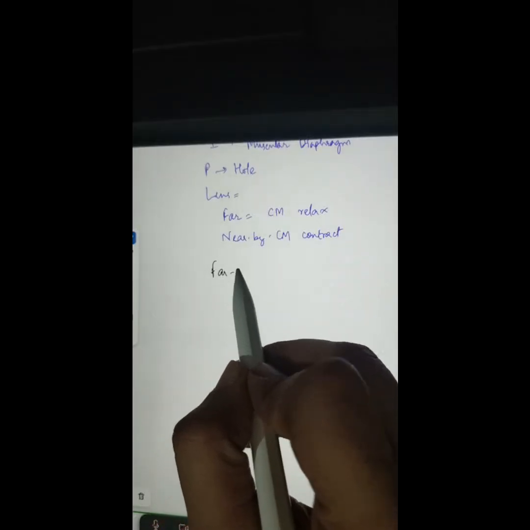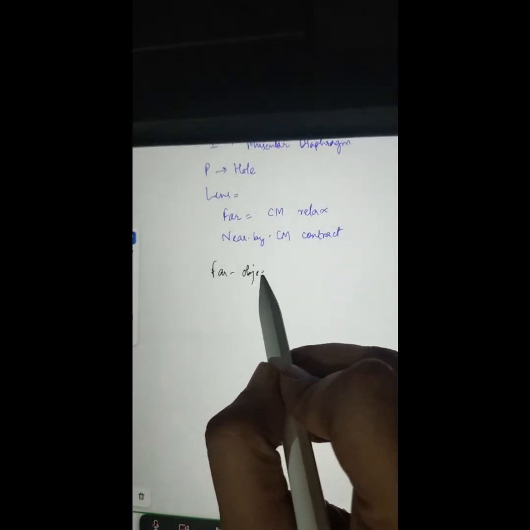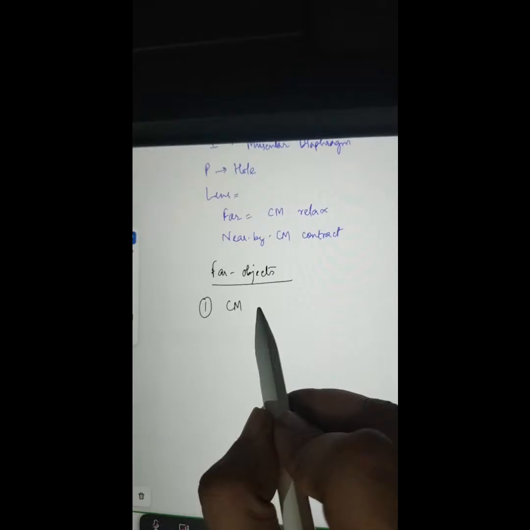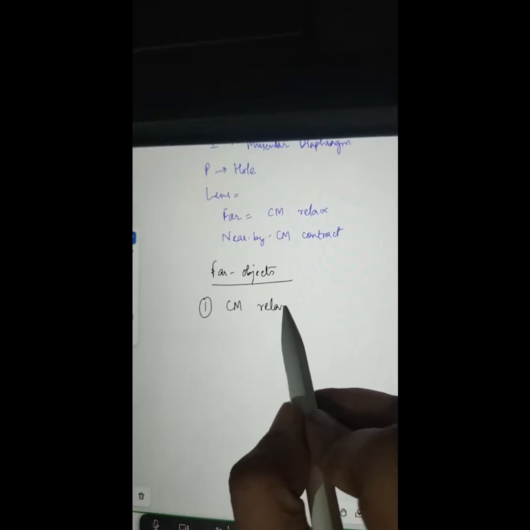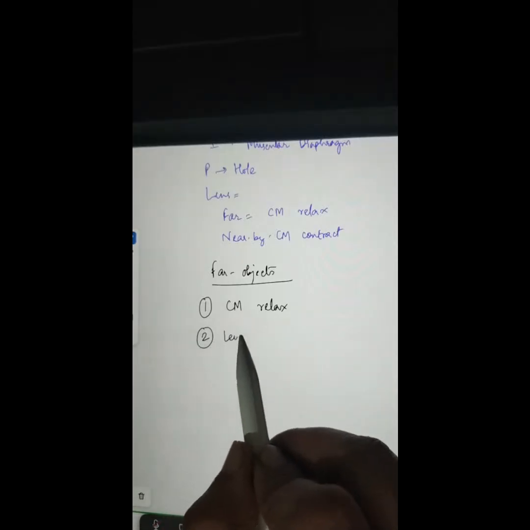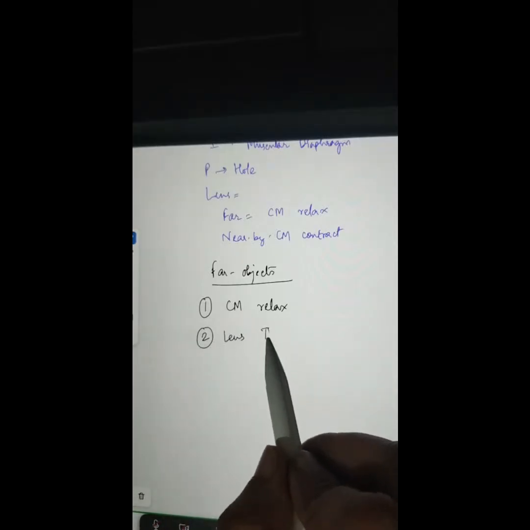Another important thing that you need to know is that if you are seeing far objects, there are 4 points you should definitely remember: for seeing the far objects, ciliary muscles will be relaxing. Second important thing is the lens will be becoming thinner.